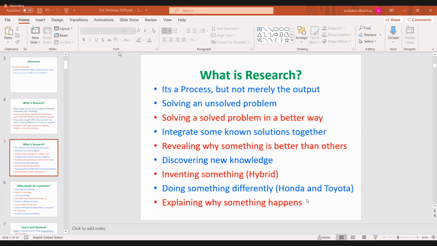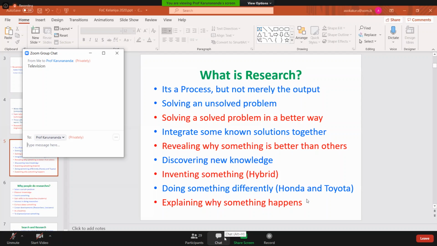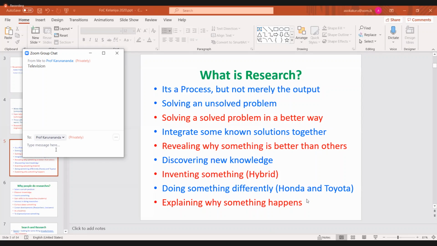Again, if you do something differently from other people, that is also research. Give me an example. If you go to a supermarket, there are two or three manufacturers, all producing, say, dry fish or whatever packaging.